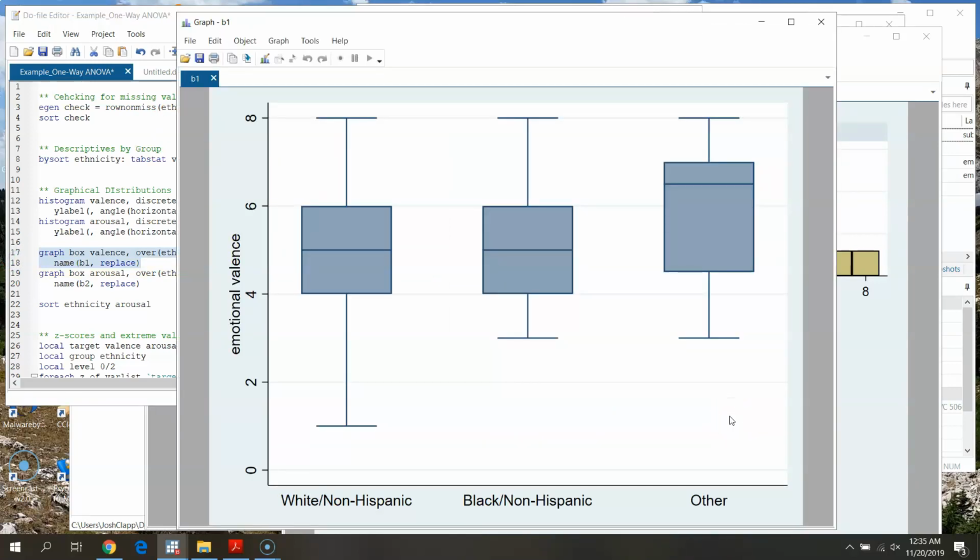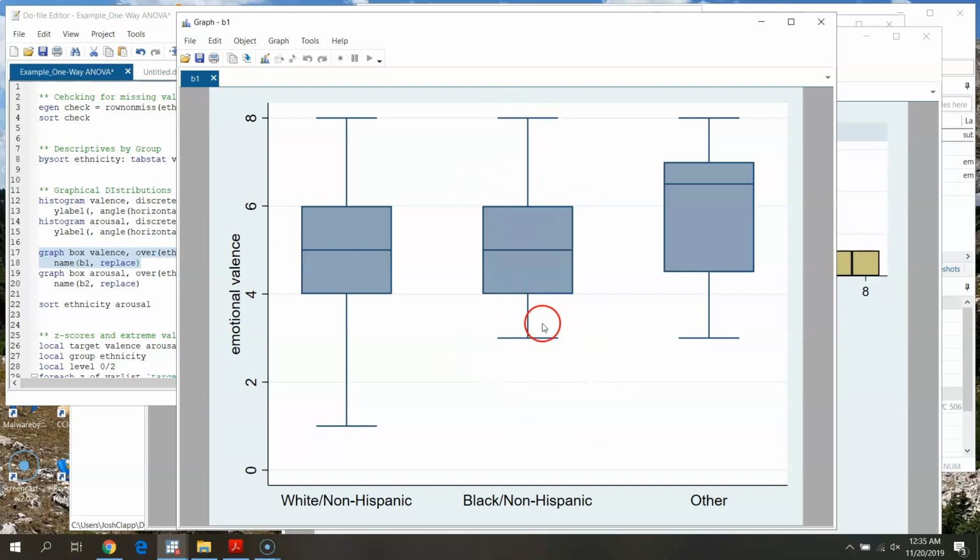here's our box plot. Things are looking pretty good here. This is our box plot for emotional valence across each one of our groups. For emotional valence for our white non-Hispanic group, looks fairly symmetrical. For our black non-Hispanic group, again, fairly unremarkable.